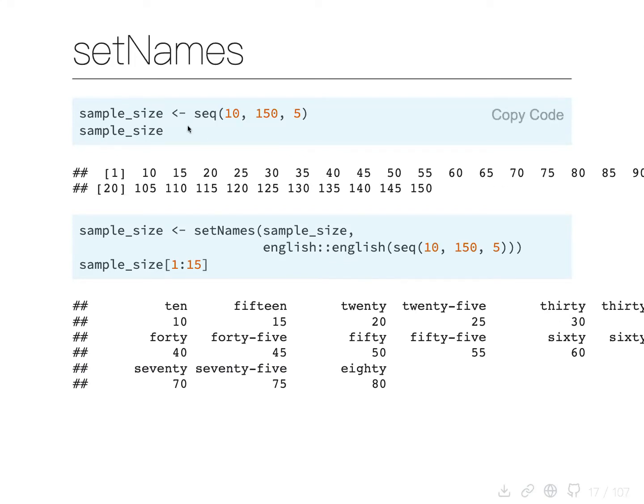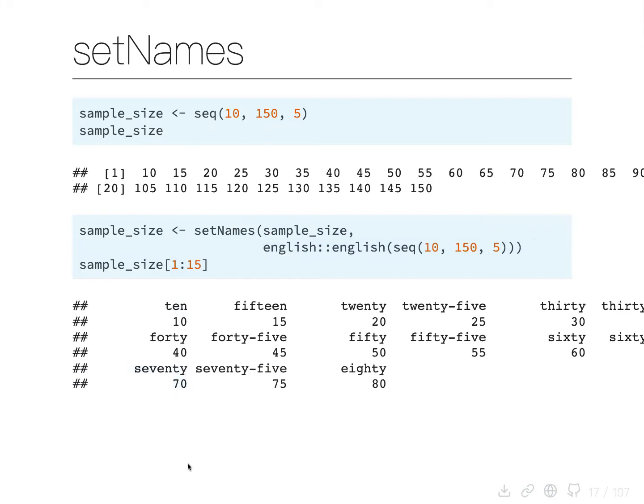So here's sample size. These are the sample sizes we loop through, 10 to 150 in increments of 5. Here they all are. I'm going to say set names for this sample size thing, and I'm changing those all to English. So this is the first element of this atomic vector, and it has a name of 10. This one is 70, and it has a name of 70.